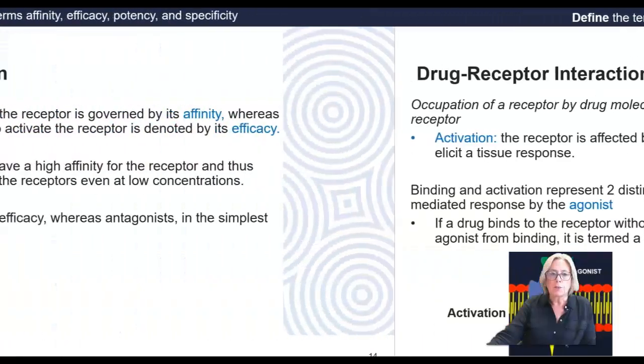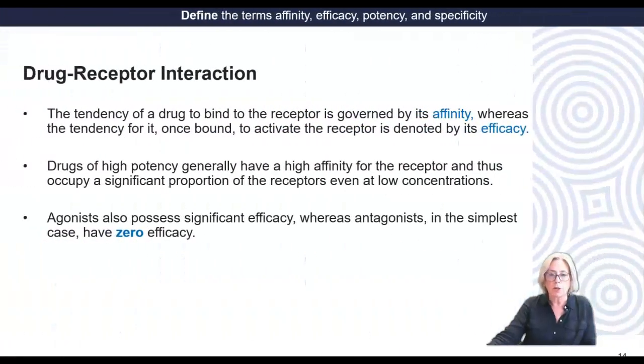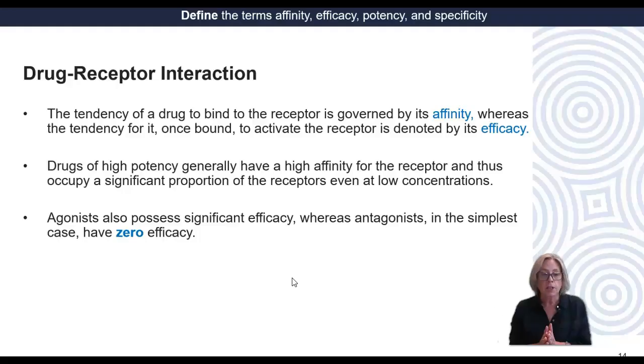So the tendency of a drug to bind to the receptor is governed by its affinity, whereas the tendency for it, once bound, to activate the receptor is denoted by its efficacy, right? Drugs of high potency generally have a higher affinity for the receptor and therefore occupy a significant proportion of the receptors even at low concentrations.